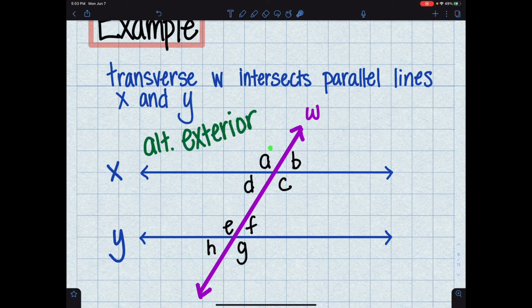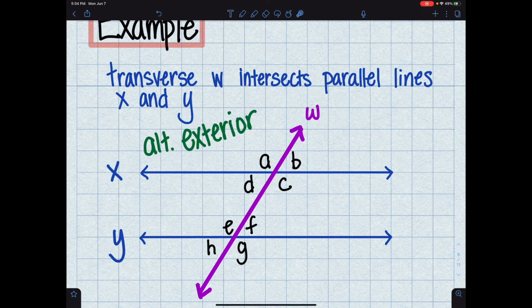Okay, so A, where's its alternate universe companion? It's G. Why? Because they're both fat, they're both on the outside of the box, and they're on the opposite side of the transversal. Okay, the other one is going to be H and B. Those are the two alternate exterior angles.